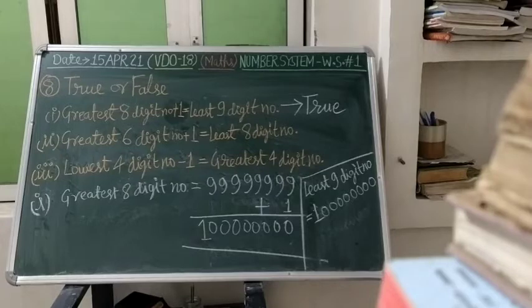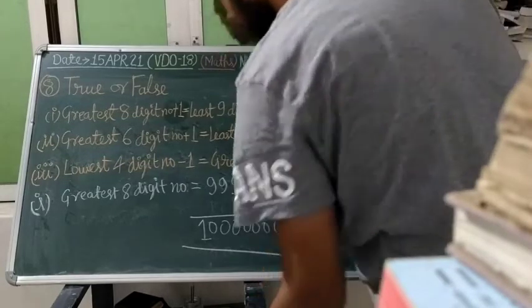Greatest 4-digit number plus 1, when you do it, will become the least 5-digit number. Greatest 11-digit number plus 1 will become the least 12-digit number. So you should think in this way, I think. Okay, so your first one is true.